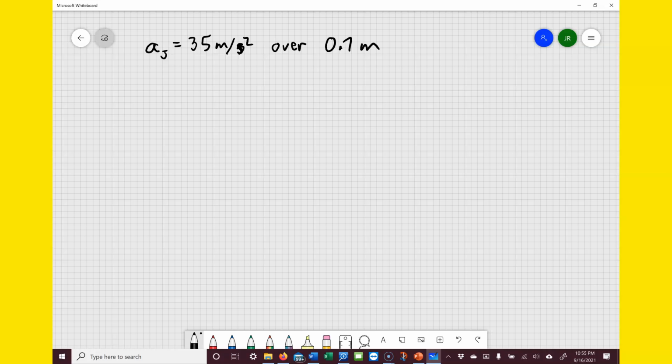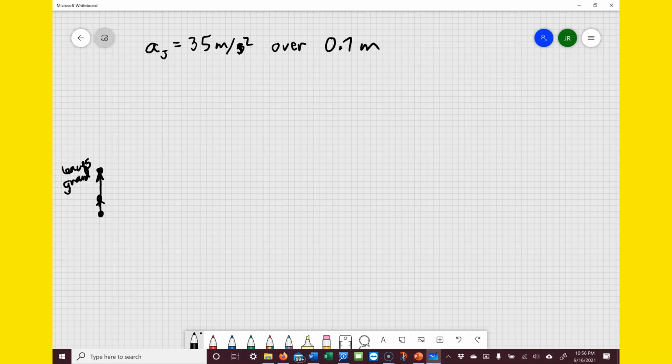So what happens, I'm just going to draw a little motion diagram. Let's say this is the center of mass of the springbok. It's accelerating upward, so maybe like that, then like that, and let's say there's where it leaves the ground. After that, it's going to have a negative acceleration.